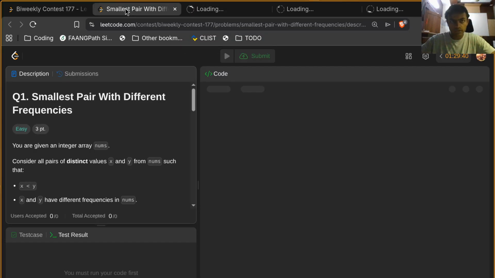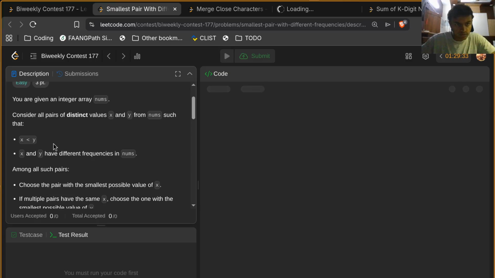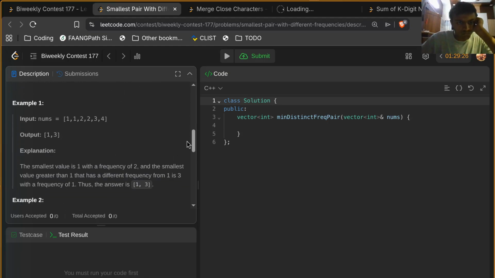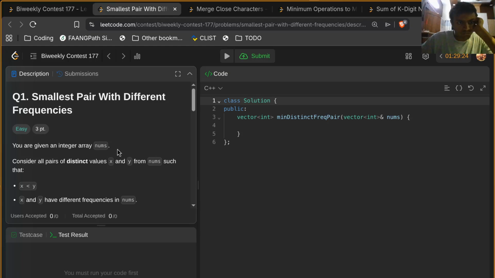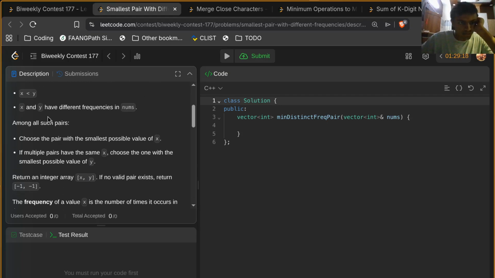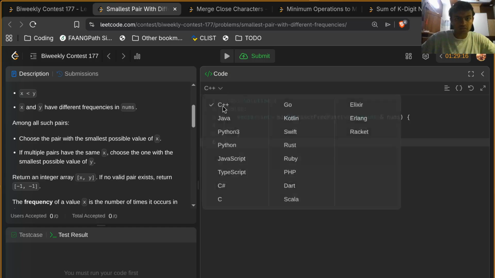Different frequencies. Given an array nums, consider all pairs of distinct values such that x is lesser than y.